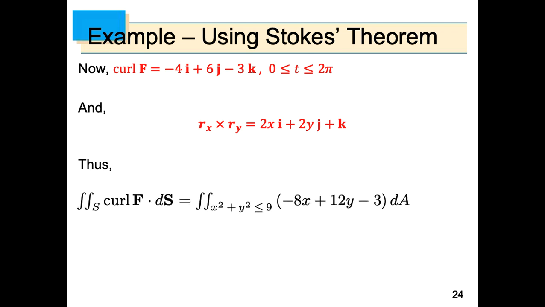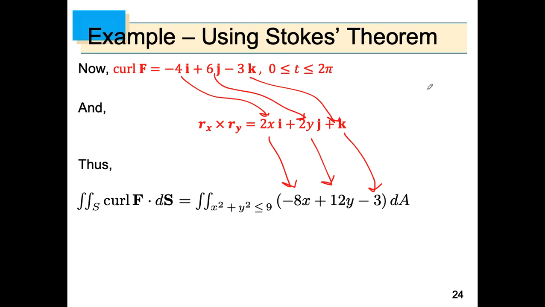Go ahead and dot those. It's pretty easy to see negative 4 times 2x gives us negative 8x. 6j times 2y is obviously going to be 12y. And negative 3 times 1 is obviously negative 3.